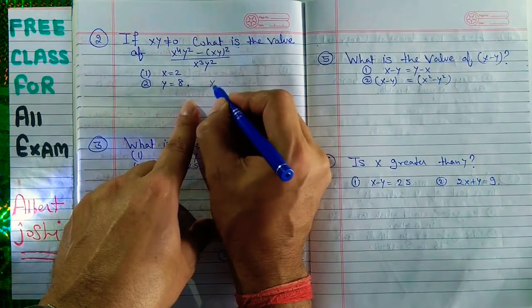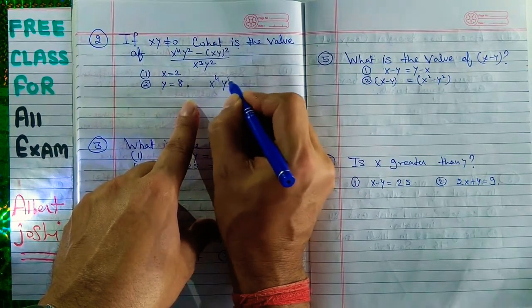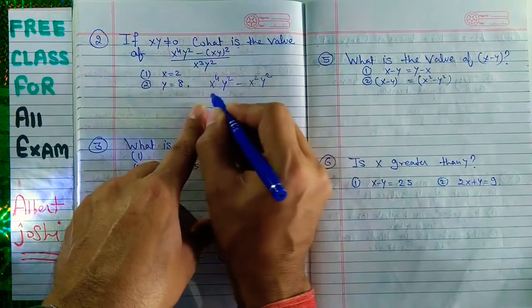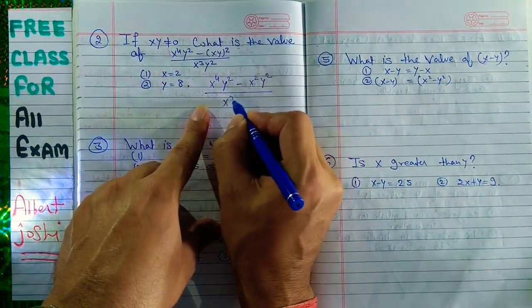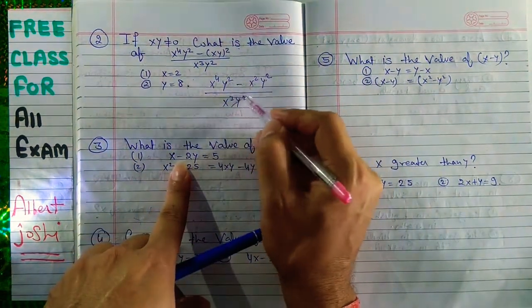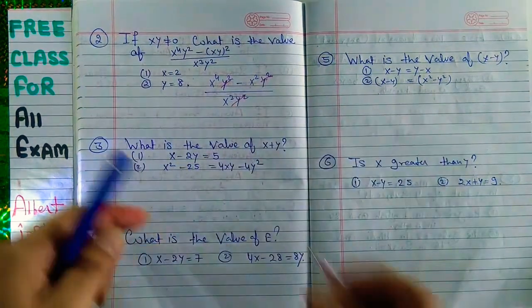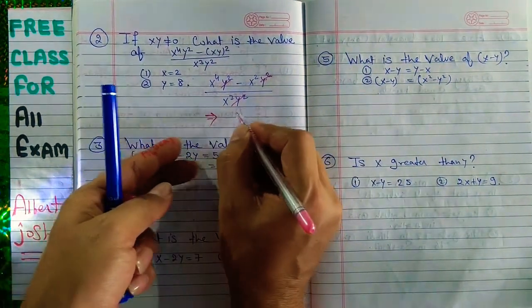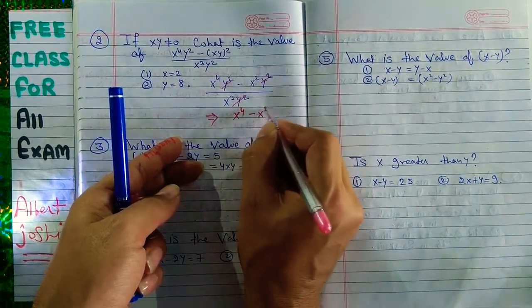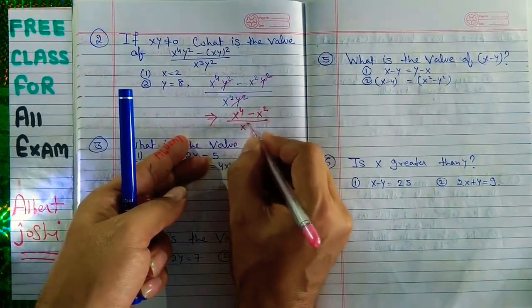So here you have x to the power 4 y square minus x square y square upon x cube y square. You can see y square is here, here and here. So all cancel. After simplification, you have got x to the power 4 minus x square upon x cube.